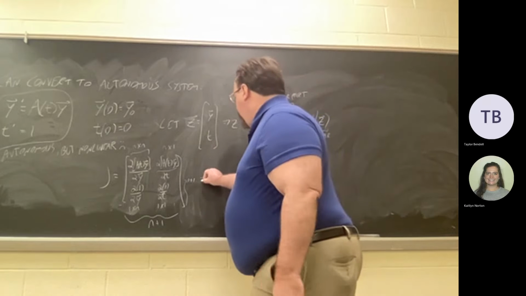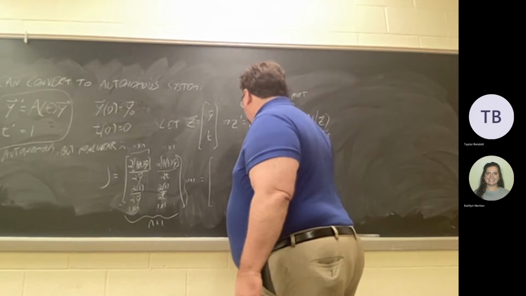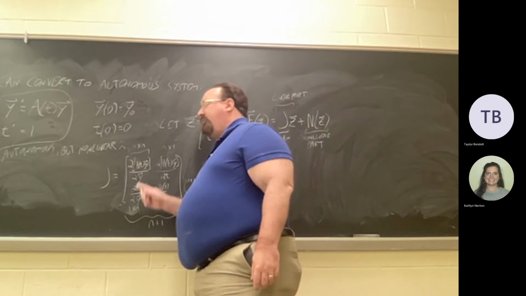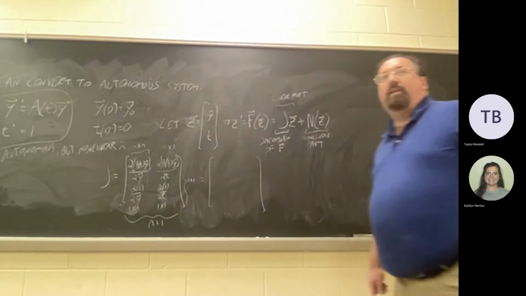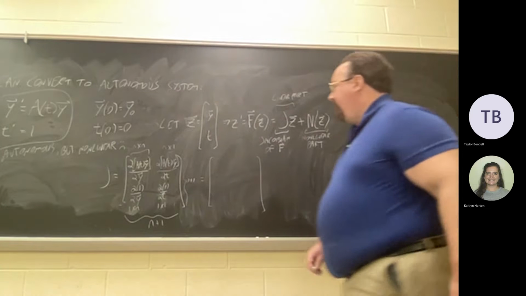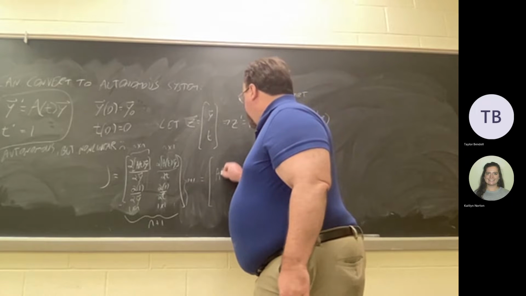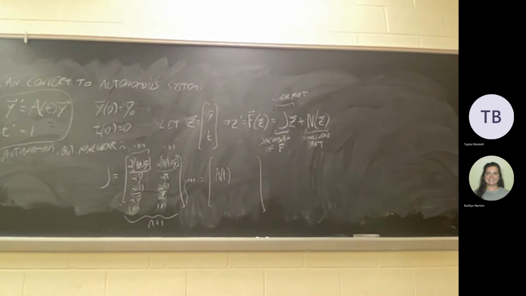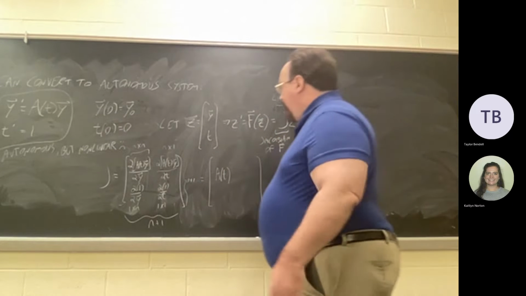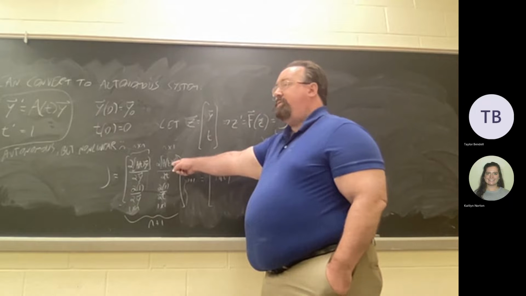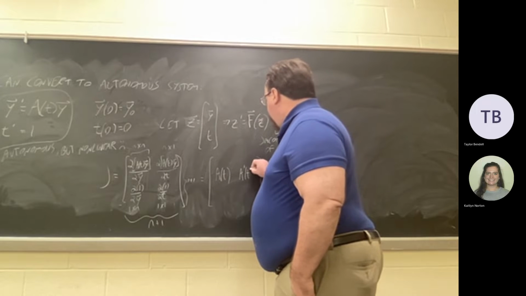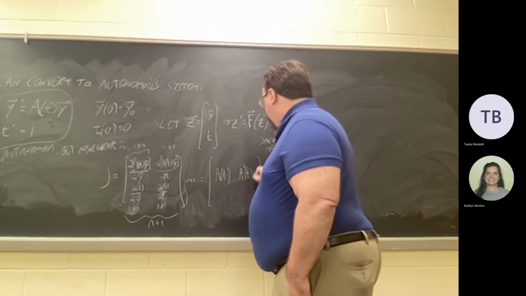So now, if you actually take the derivatives, when you take a derivative of a matrix vector product with respect to the vector, what do you get? The matrix. So it's just A of t. Here, if I were taking derivative with respect to t, that's going to be A prime of t, which is a matrix, times y, which is a vector.